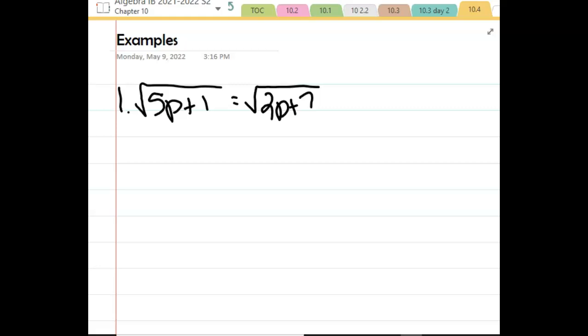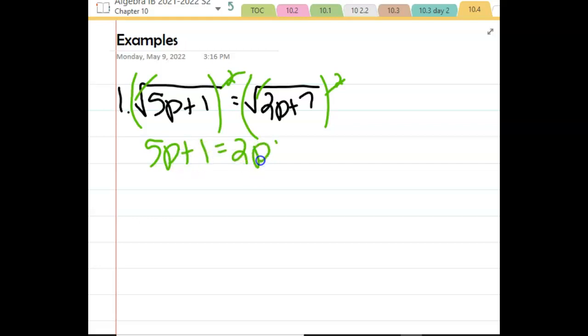So just like yesterday, I need to get rid of those square roots. If I square both sides, which we have to do anyway, it's going to get rid of both of those radical signs. And all we end up with is 5p plus 1 equals 2p plus 7.